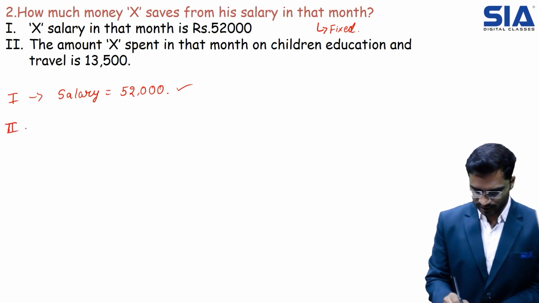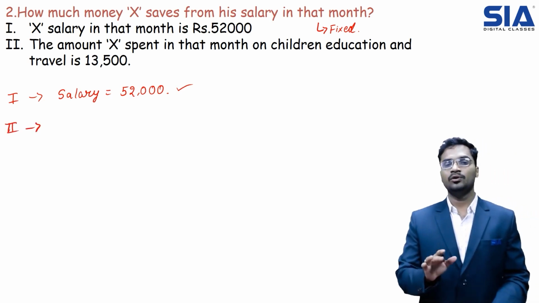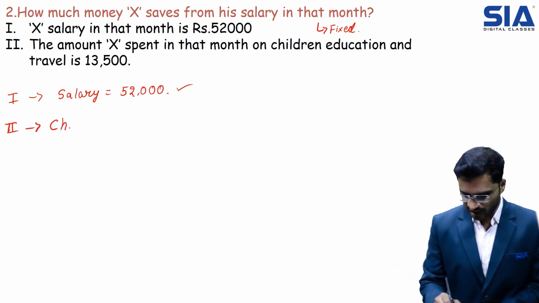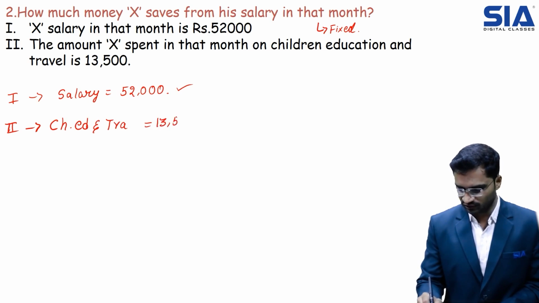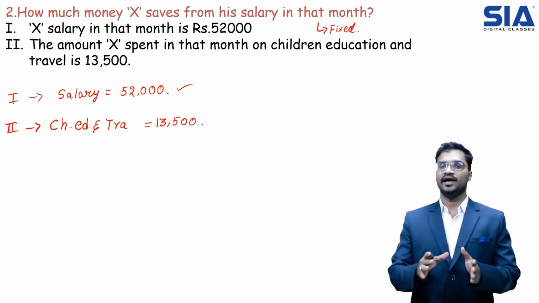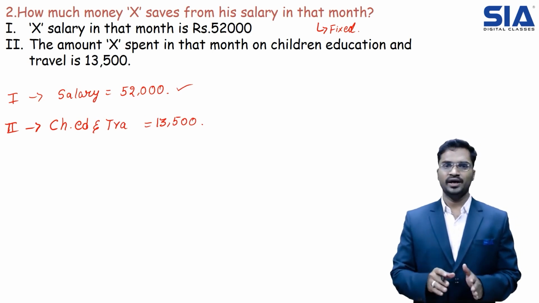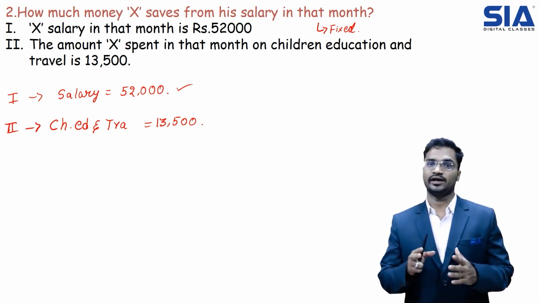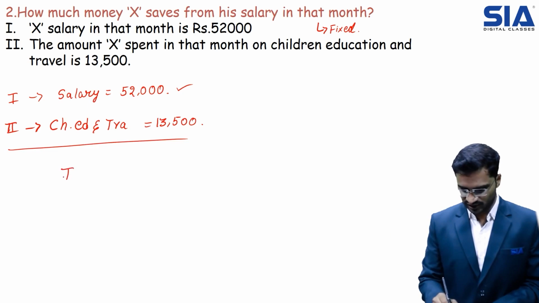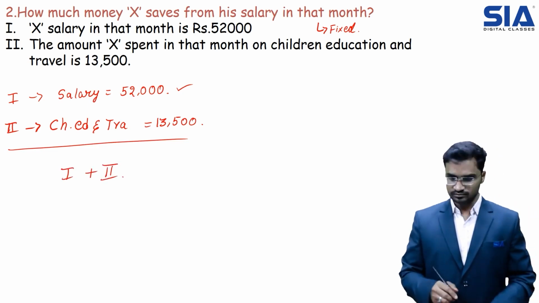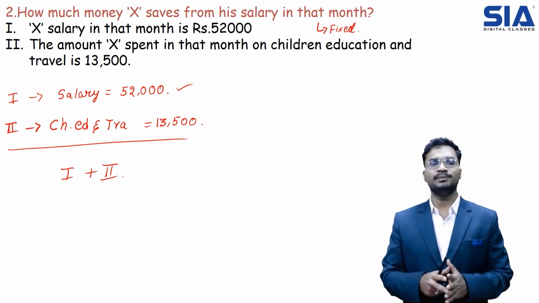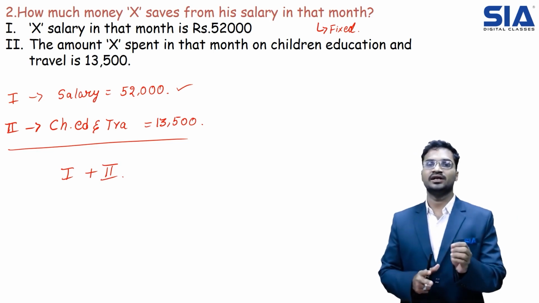Now coming to the second statement. It says that the amount X spent in that month on child education and travel is 13,500. So this is the expenditure of X on child education and travel. By using only the second statement, can I say the savings of X? No, I cannot say. When I combine the first statement plus the second statement, the salary of X is 52,000 and his expenditure on child education and travelling is 13,500.